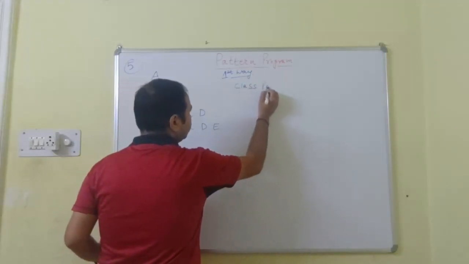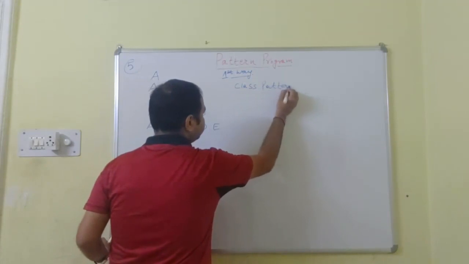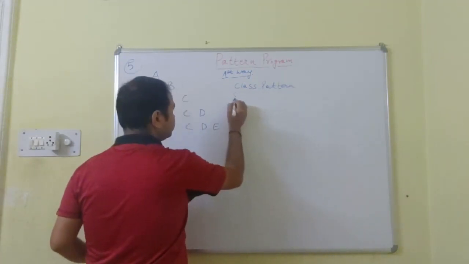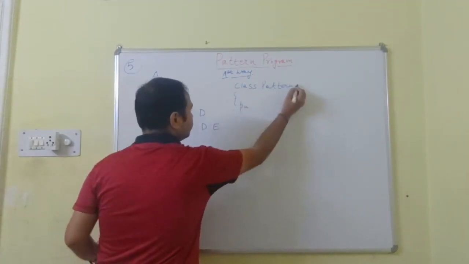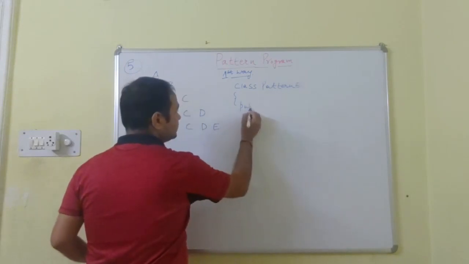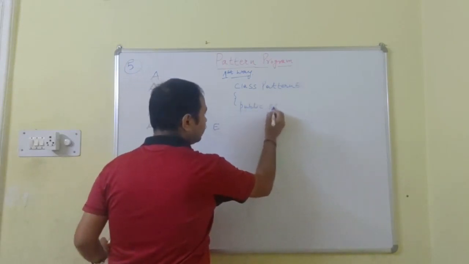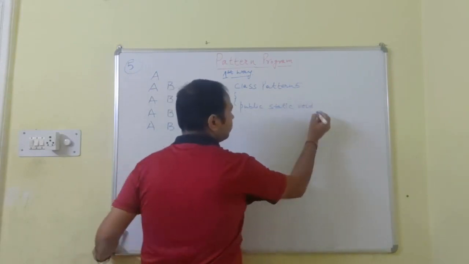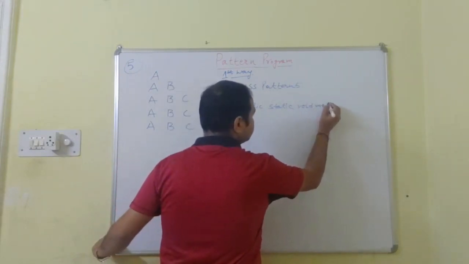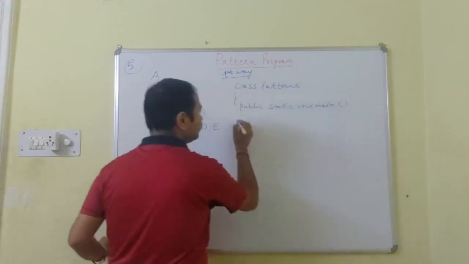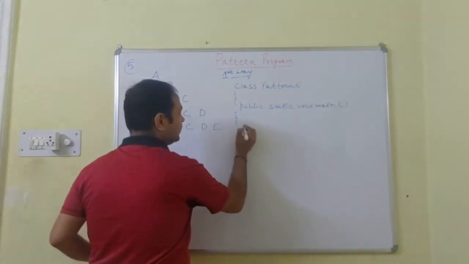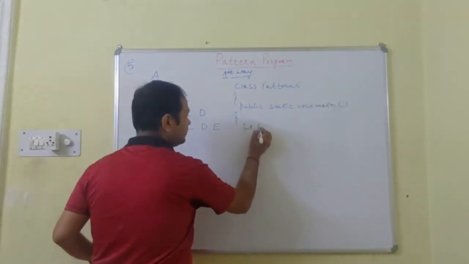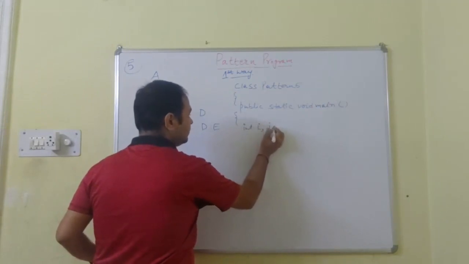Class pattern fifth one. So public static void main. We take int i, j.